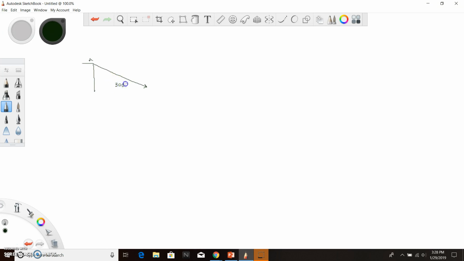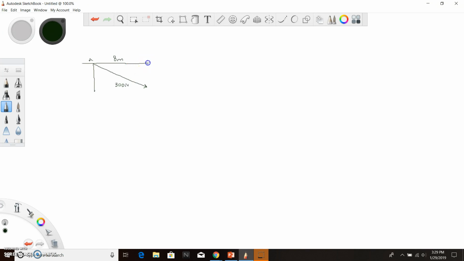Now we don't know the angle of this, but we do know some dimensions. They tell us that the horizontal distance here is 8 meters.